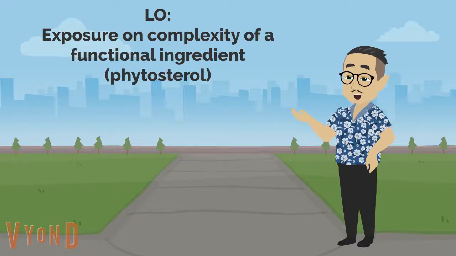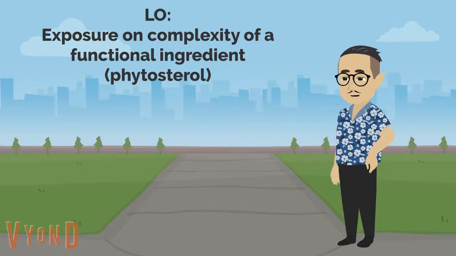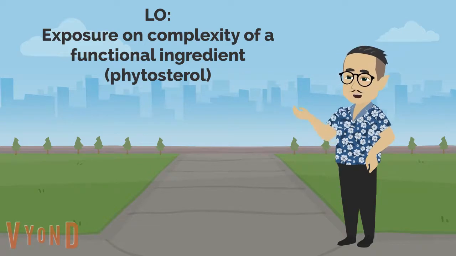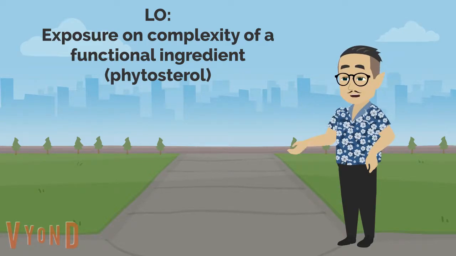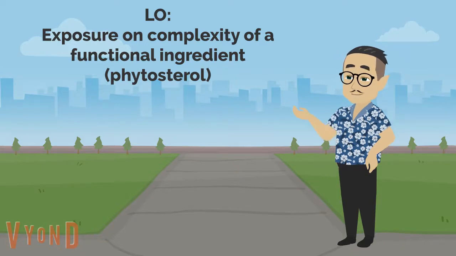So, what are the learning outcomes of this chapter? Number one, we should learn the basic properties of phytosterol. Number two, we have to learn the efficacy and safety of phytosterol. Number three, what are the challenges during formulations? What are the formulation issues?